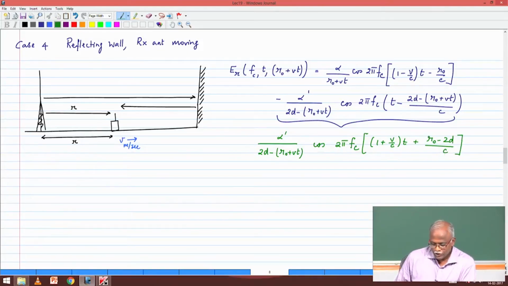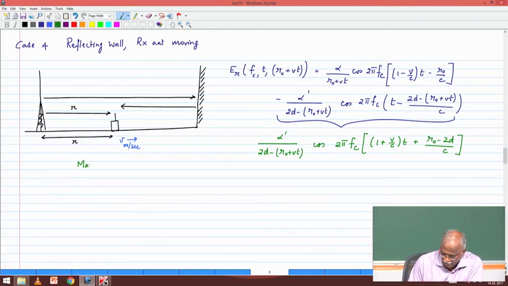Okay. So two components. The minute I start moving, in this case I have two components which are going to interact with each other. One of them has got a negative Doppler shift, other one has got a positive Doppler shift. So let's just write the following observations regarding the Doppler.